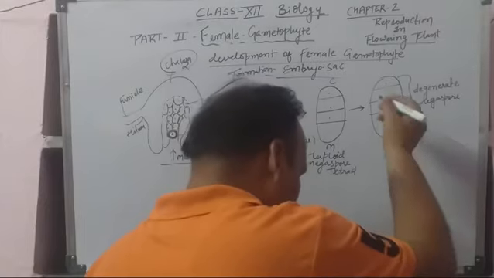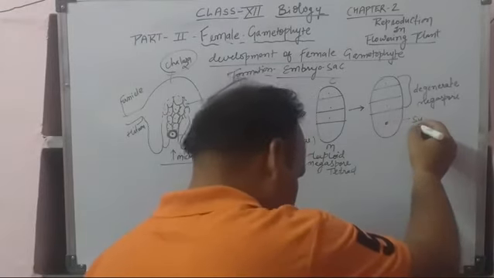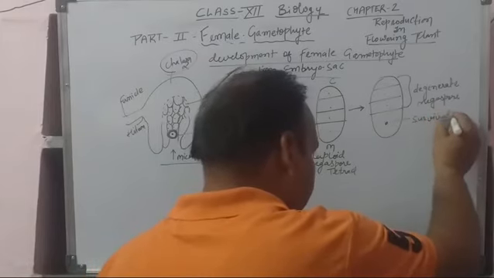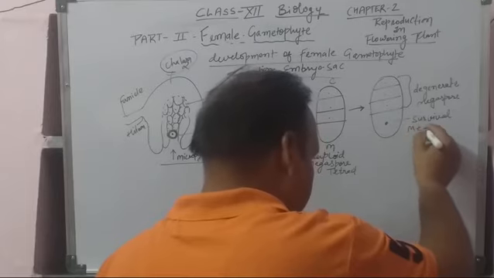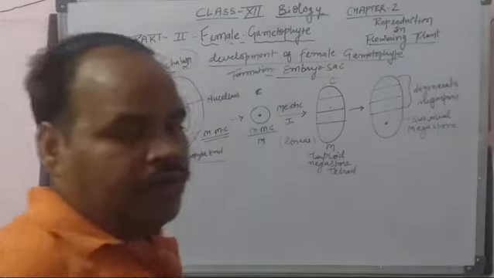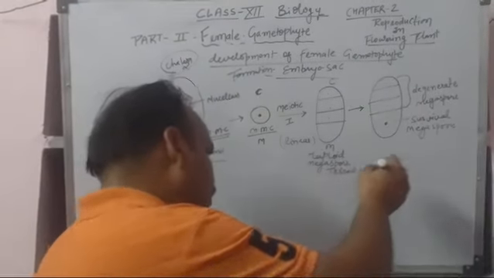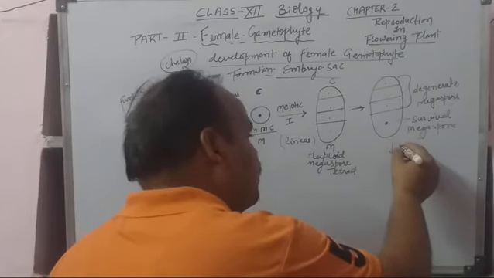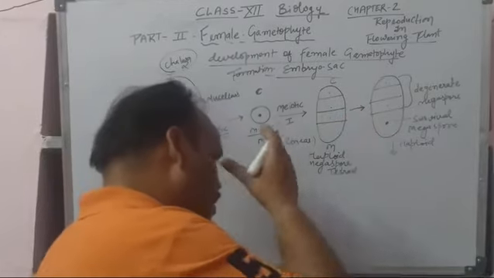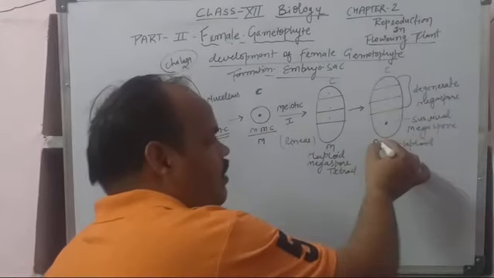Only one of the cells survives as the functional megaspore. So now it is also a haploid structure, located according to the chalaza and micropylar ends.